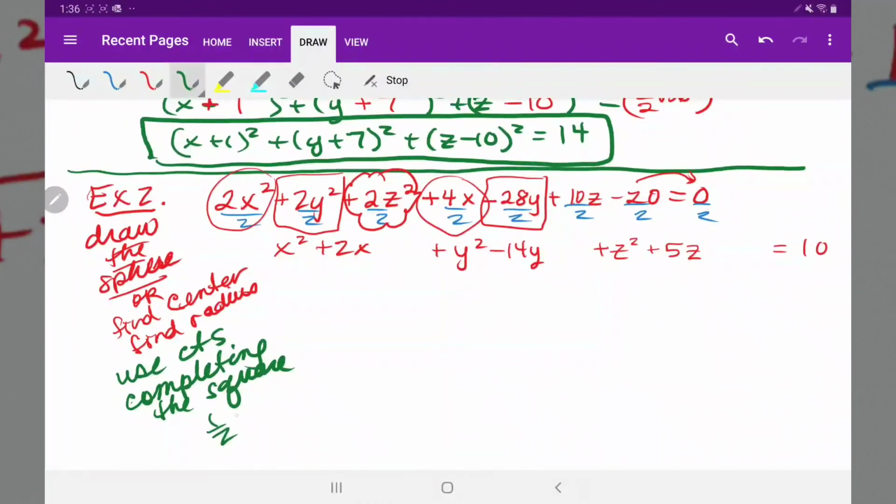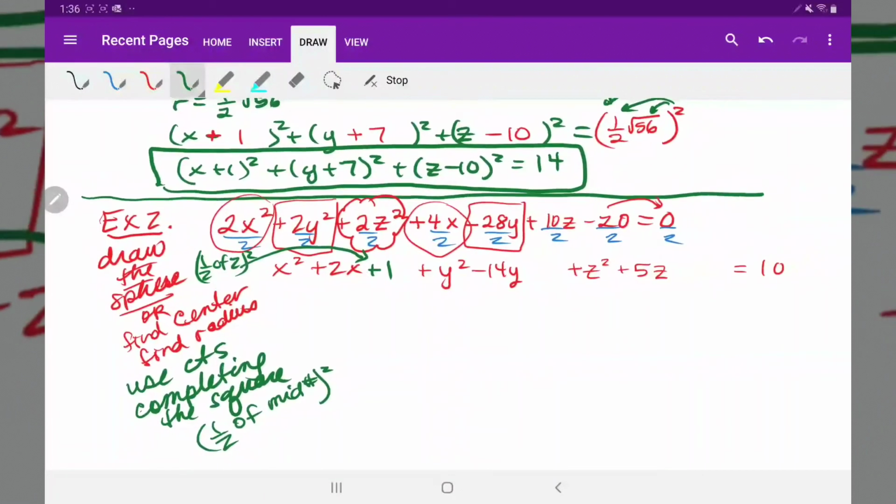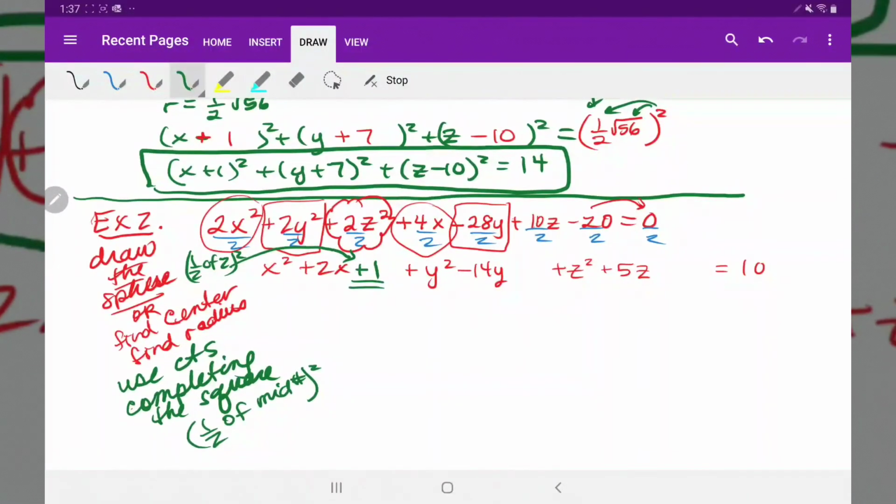And then what do I put in the next one? I'll put a little note over here. That's 1/2 of negative 14 squared, which is negative 7 squared, which is 49. So I'm going to put the 49 right here. Remember, if you add it to one side, you have to add it to the other side. And then the 5z. That's more annoying.